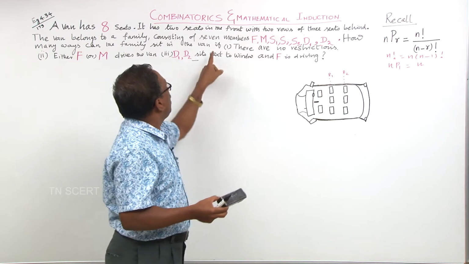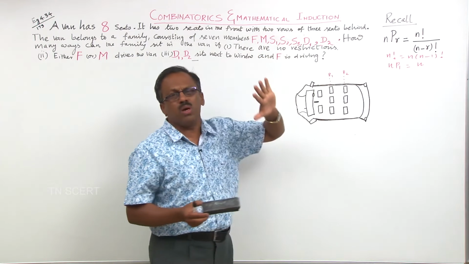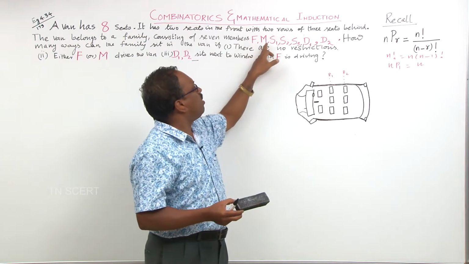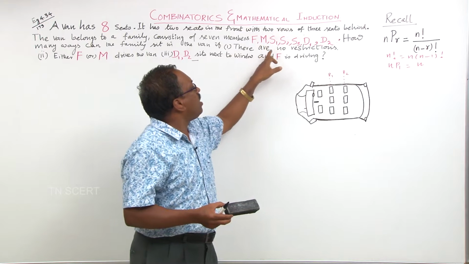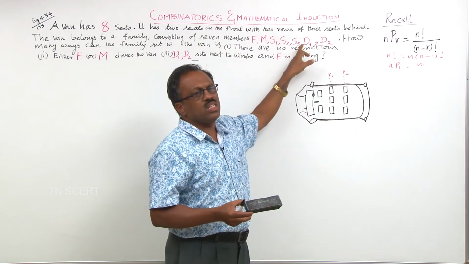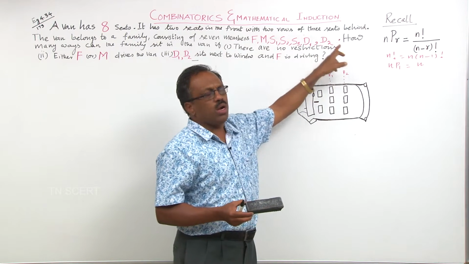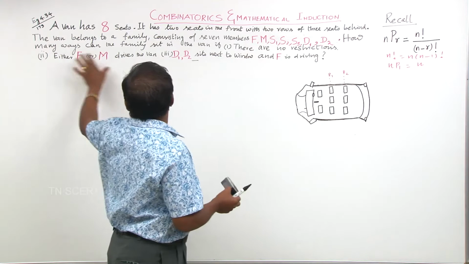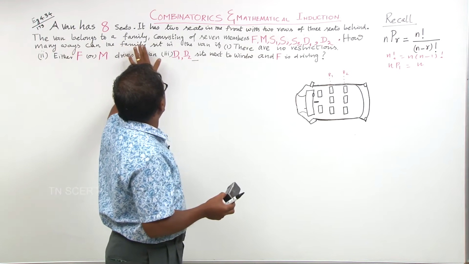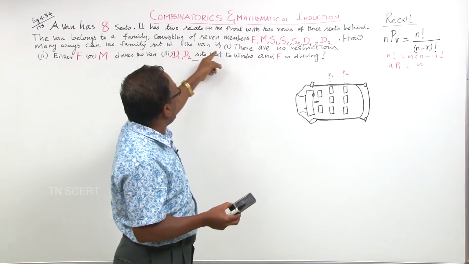Let's see the 7 members of the family: father, mother, and daughters and sons, 3 sons, son 1, son 2, son 3, and daughter 1 and daughter 2. In how many ways can the family sit in the van?